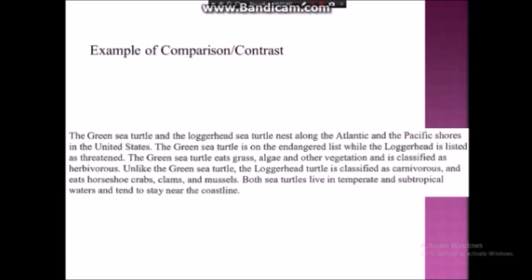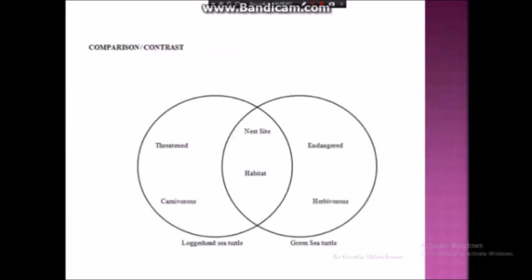And this is the example of comparison and contrast text. And the graphic organizer is like this.